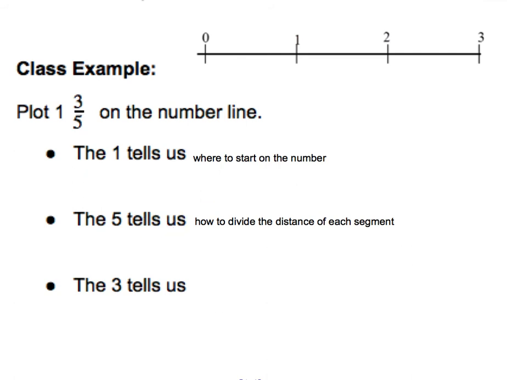Okay? So let's do that right now. It tells me to start at 1. I need 5 equal spots, so in order to do that, I need 4 lines. 1, 2, 3, 4. So 4 lines give me 5 equal spots. And the 3 tells me where to put my dot.